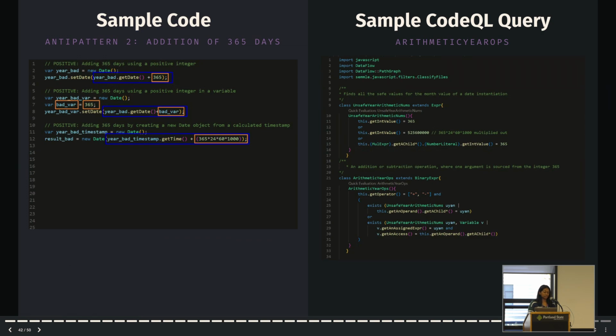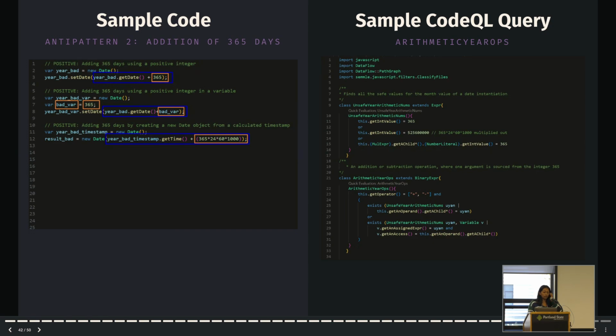Using the UnsafeYearArithmeticNums class, we can find any of the addition or subtraction that may be happening in the code. The next class, ArithmeticYearOps, begins by finding an addition or subtraction sign like the plus or minus. Then it looks for 2 possible options. The first is the most basic option, where there is an addition or a subtraction happening, and one of the operands of that is an unsafe year arithmetic number.